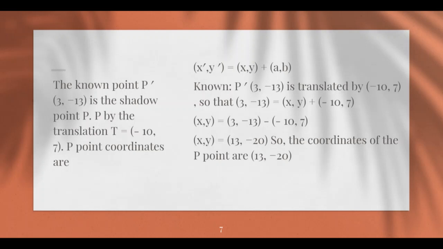Suppose the point (x, y) is translated by T = (a, b). So the shadow coordinates are (x', y') = (x, y) + (a, b).